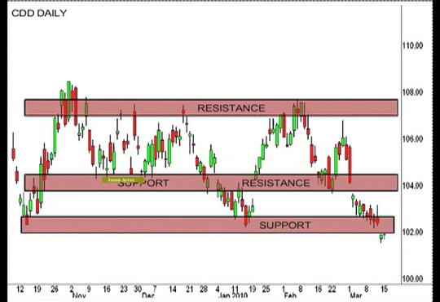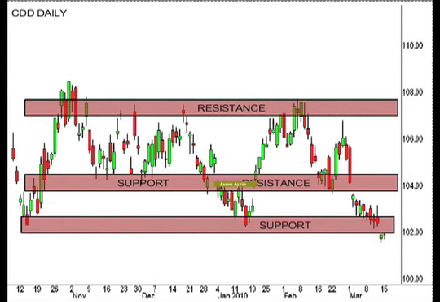We then retested, and you can see that had a little bit of a bounce, slight consolidation, but then broke through. Showed a little bit of resistance in here, finally broke through, made its way up to this previous resistance level, and so on and so forth.